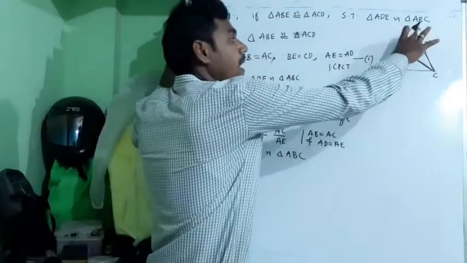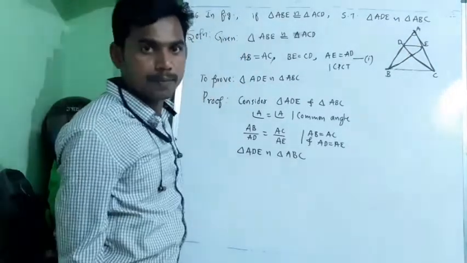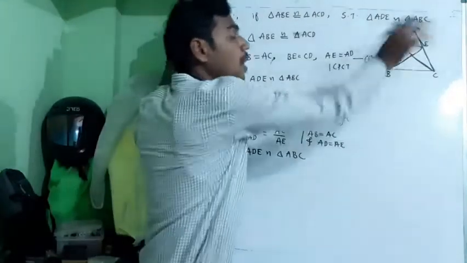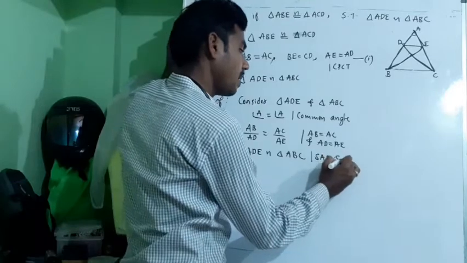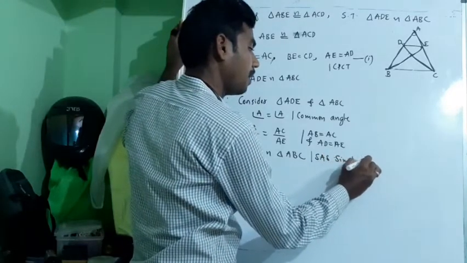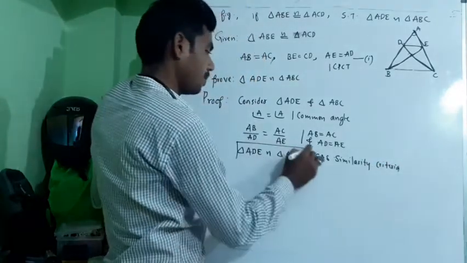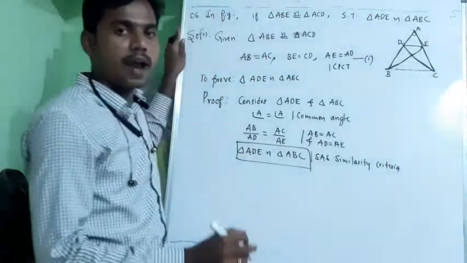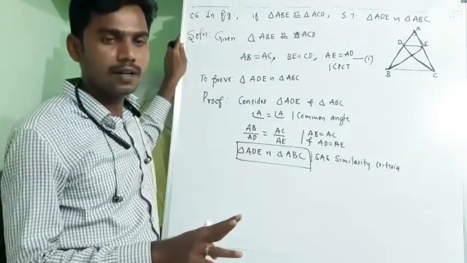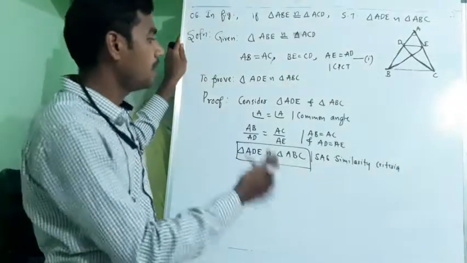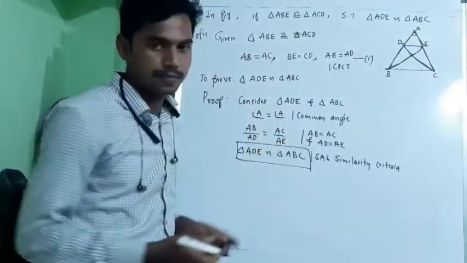The included sides are AB, AD, AC, AE of the two triangles, and those are proportional. So this is because of the SAS similarity criterion. Two angles are equal and their included sides are proportional. Through SAS similarity criteria, the two triangles will be similar. Please note this down.